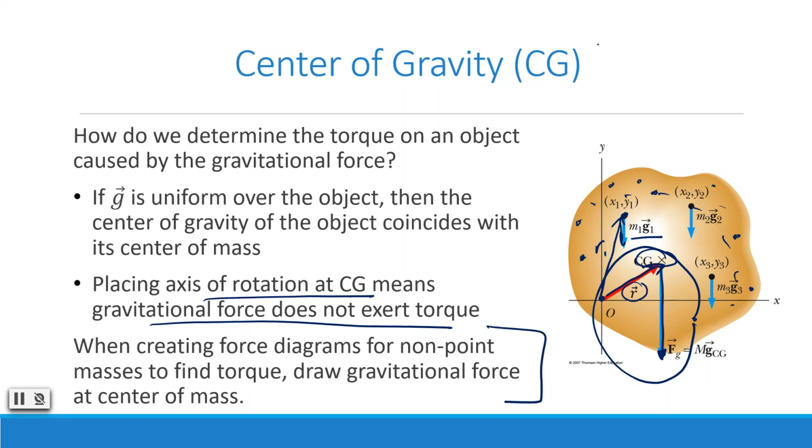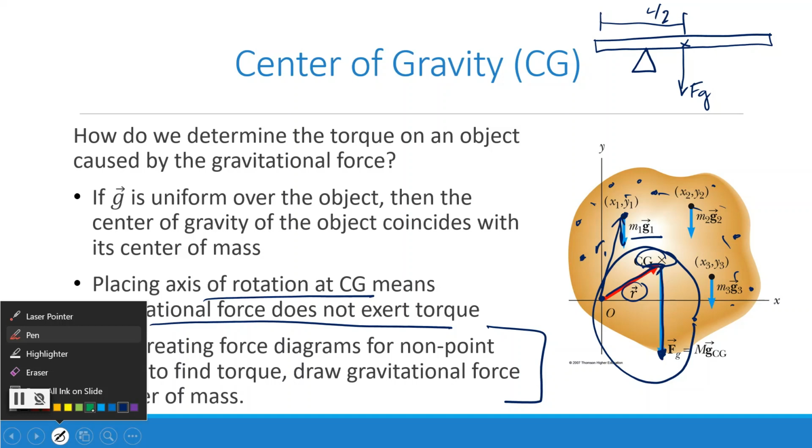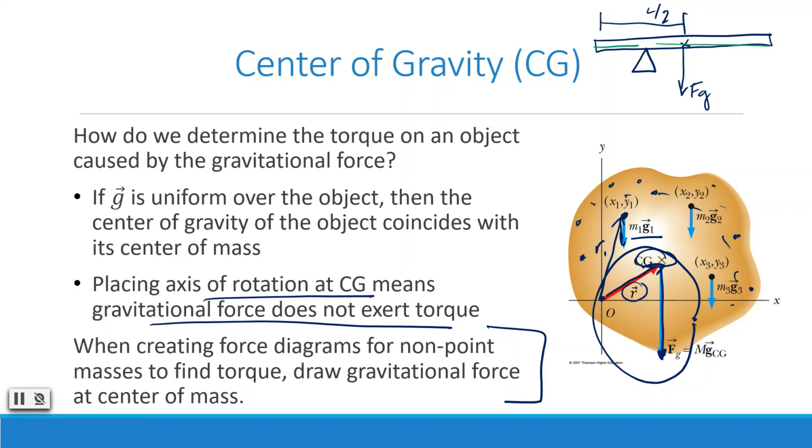Picture that seesaw idea. Let's say I have a board and I place a fulcrum that's not at the center. If this is a uniform board, the center of gravity is the same as the center of mass, and so I'm going to draw my gravitational force right there at a position of L/2. Instead of having to deal with what the left side of the board is doing and what the right side is doing, I treat the whole board as having one gravitational force at the center of the object.